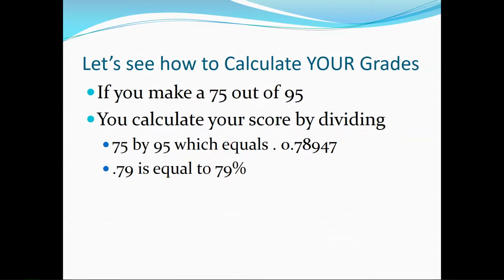Okay, so if you calculate your grades, the way grades are calculated, most teachers tend to run this way. You take the number of points achieved and divide it by the total number of points.